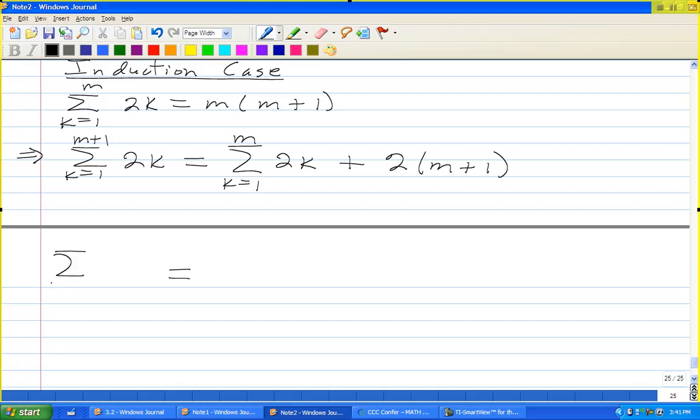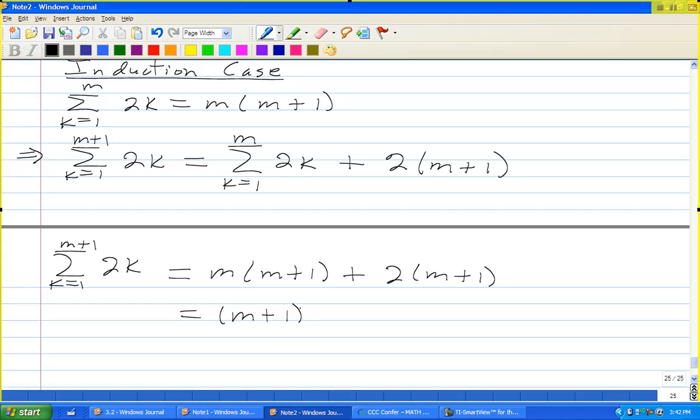Let me write this down. By the above formula, the sum of the first m elements is just m times m plus 1. I can actually factor out m plus 1.